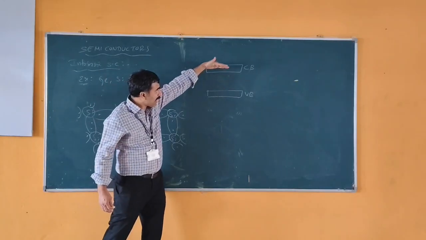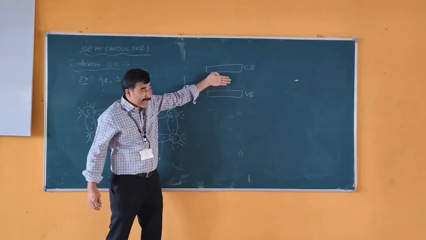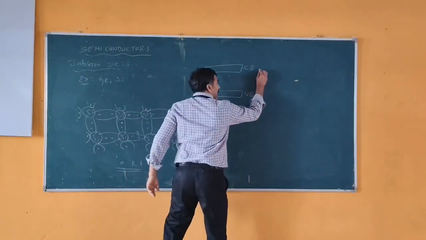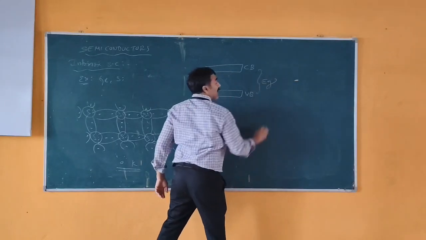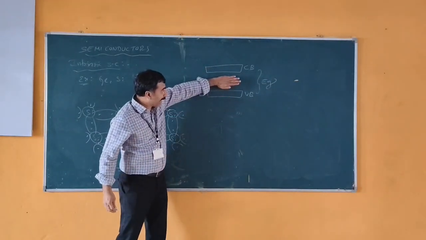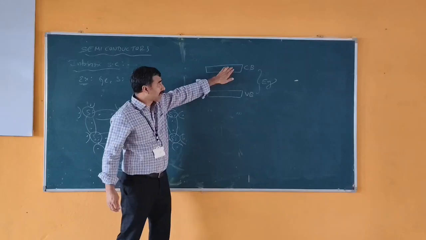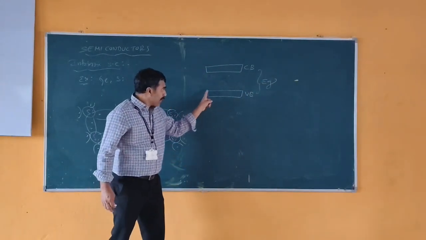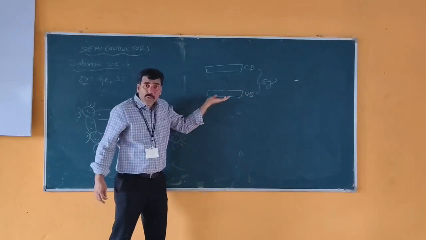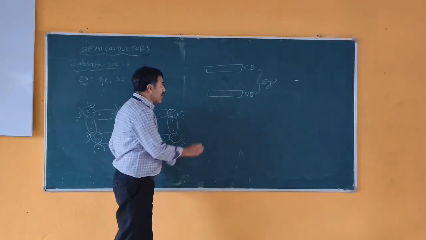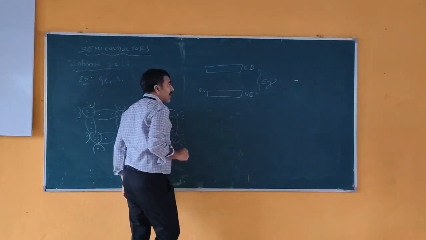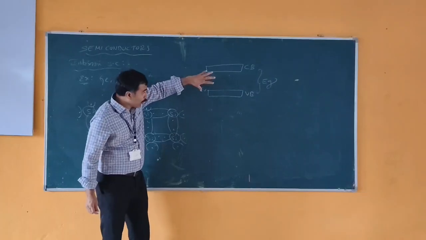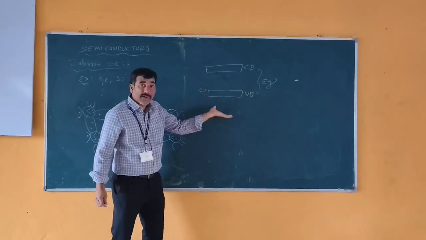In between the valence band and the conduction band, there is a small gap, which is known as the forbidden energy gap. The valence band energy is denoted with the symbol EV, and it lies on the upper surface.